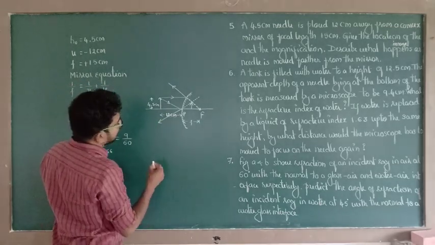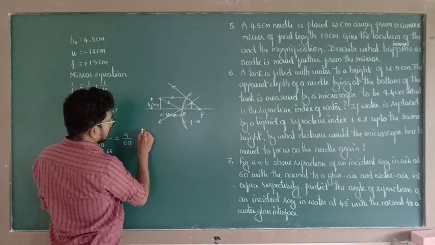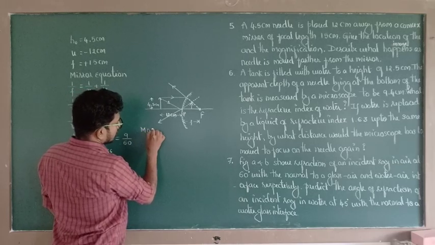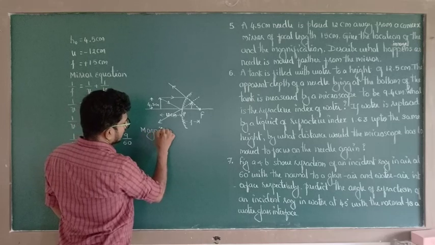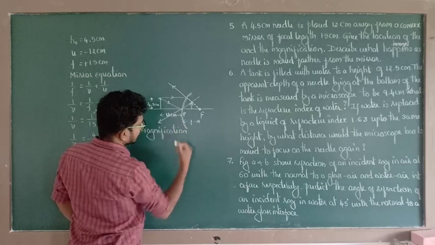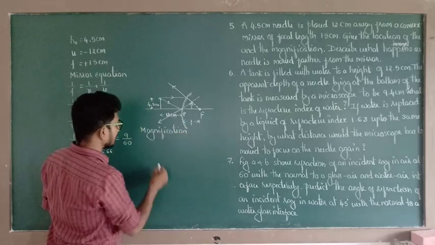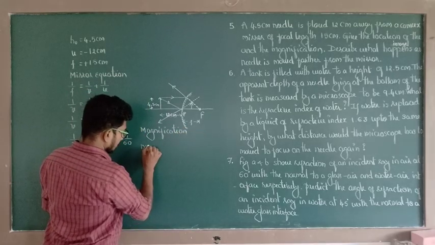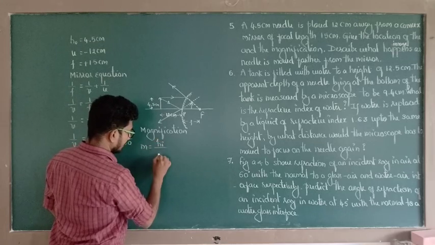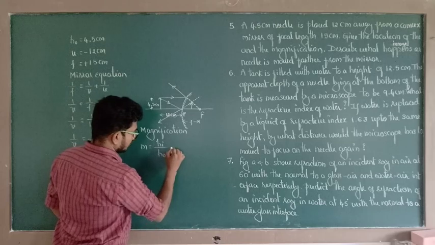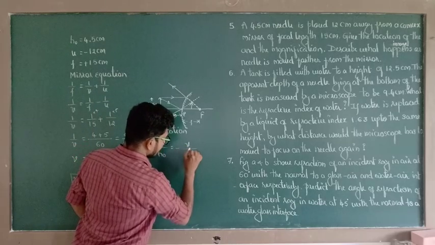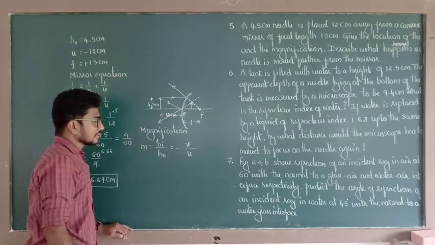We know the linear magnification. The expression for linear magnification: m is the ratio of the height of the image to the height of the object. This is equal to minus image distance divided by object distance.